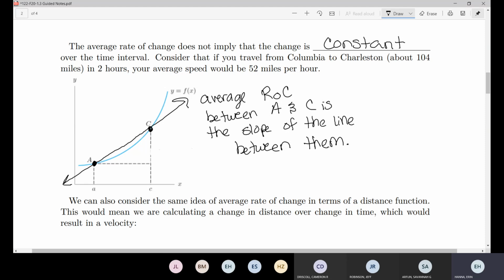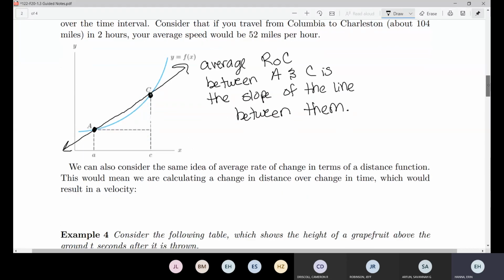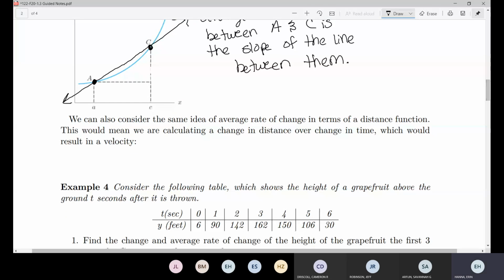Okay, and the last little bit is that it's the same idea, just slightly different wording. I want to make sure the wording doesn't freak you out if you see it on Wiley and think we didn't do it. We can consider the same exact idea of the average rate of change, but in terms of the specific function of distance. If you're given a distance function, the wording is usually average velocity instead of average rate of change, but it's the same thing.